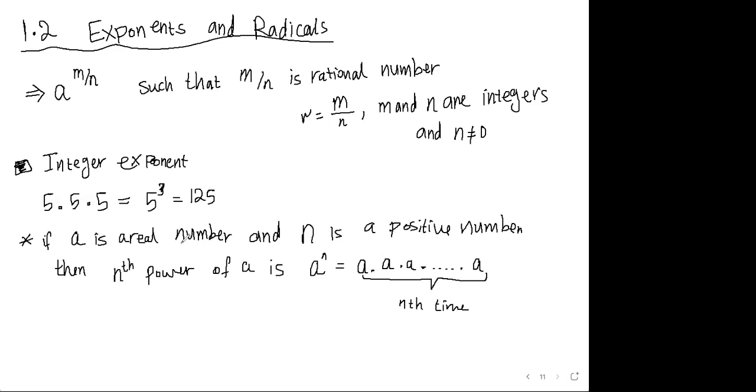Like I said before, if I have, for example, 5 to the power 3, this means 5 times 5 times 5, 3 times: 1, 2, 3. Okay. This a is called the base, and this n is called the exponent.